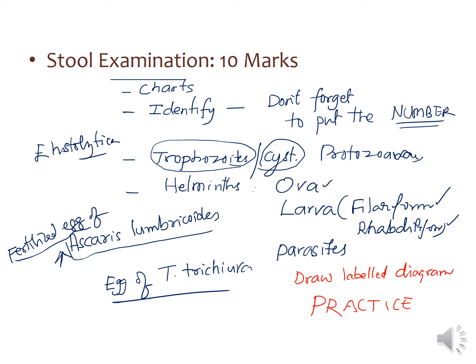In the classroom also I mentioned what are all the eggs and what are the larvae. You have to practice and draw them in the examination, and they have to be labeled. Again, the relevant questionnaire will be there pertaining to that particular egg, ova, cyst or parasite.